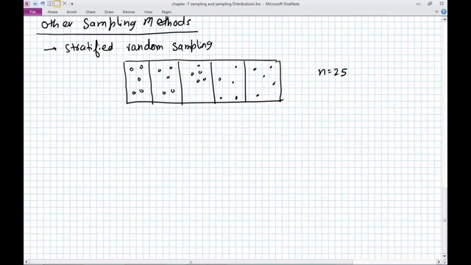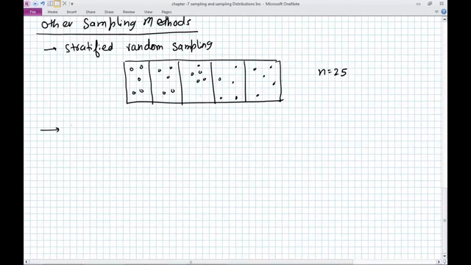Maybe you did not have anyone in your sample with a PhD or students without a high school degree. So stratified random sampling ensures that your sample is more representative because you're making sure that no group is missed.